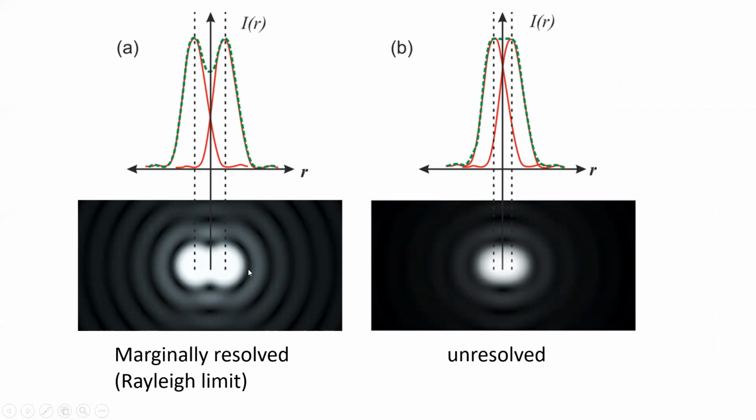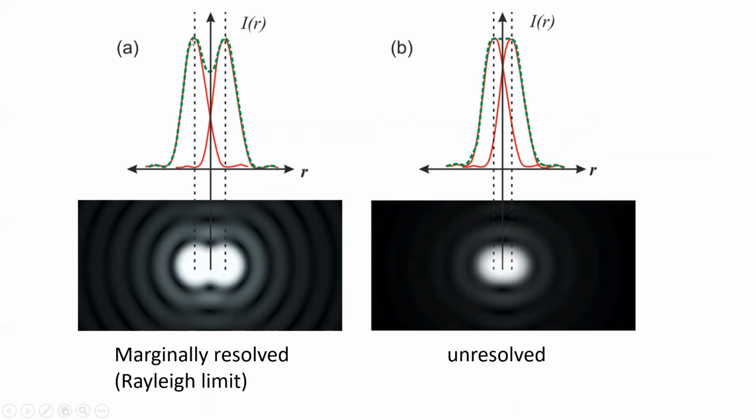This is the condition for marginally resolving two point sources of light. What does it mean to resolve two point sources? It means you can actually tell that they're separate. You can distinguish them as two separate point sources. So look carefully at this total intensity pattern. From here to here, that's the half width. And can you see that that's basically the same as the separation between the centers of the two airy disks?